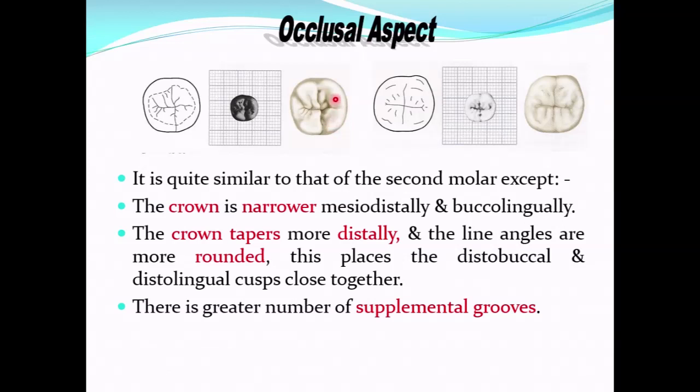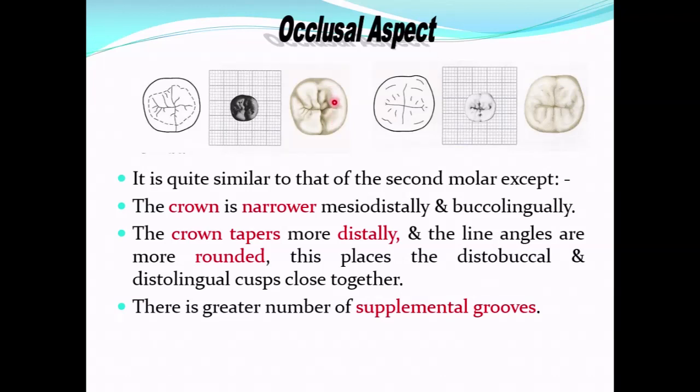This places the distobuccal and distolingual cusps closer to each other. Compare the distance from the distobuccal cusp to the distolingual cusp with the distance between the tips of those cusps in the second molar.